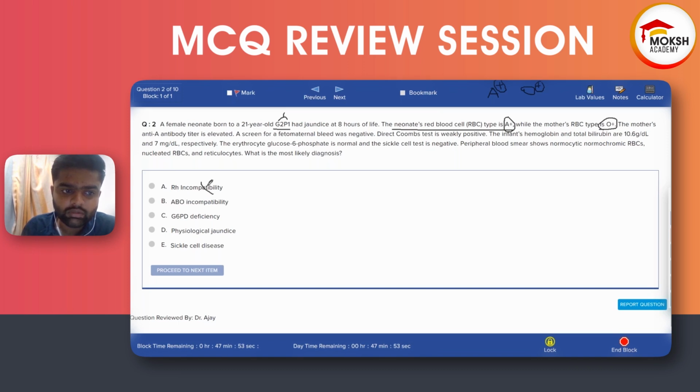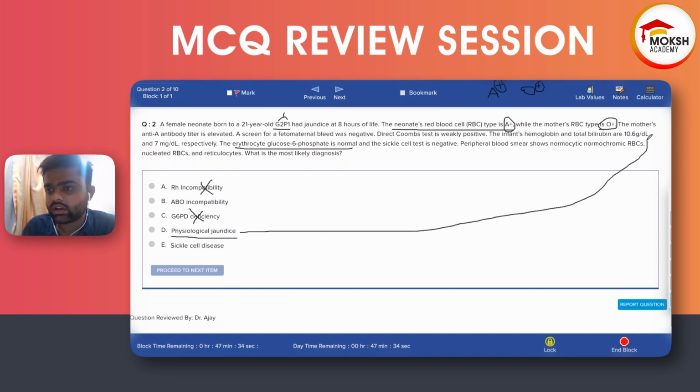You can clearly see both have the same rhesus factor, so this cannot be Rh incompatibility syndrome. The patient also had normal glucose-6-phosphate, so this cannot be the answer. Physiologic jaundice does not have increased total bilirubin; it just has increased unconjugated bilirubin, and here total bilirubin is increased, as you can see.